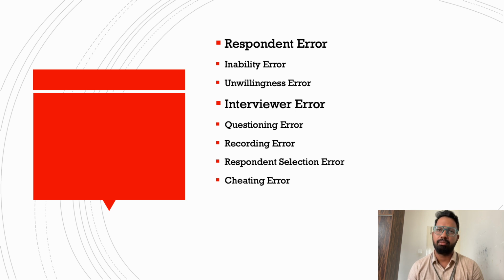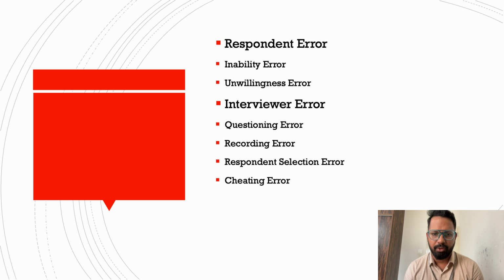Maybe the first 5 or 10 questions they will attend to properly. After that, it is going to be random answering. So sometimes because of their unwillingness, error can occur.